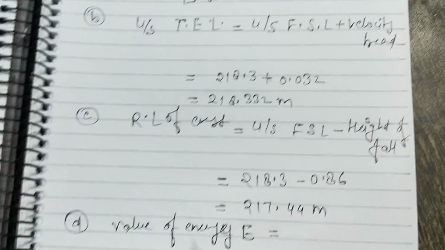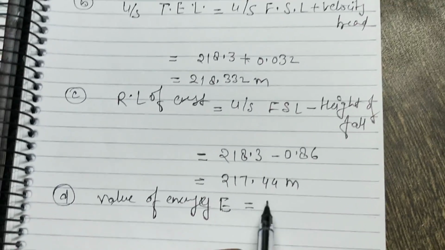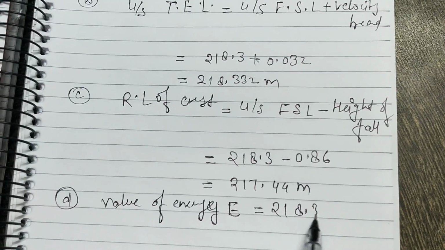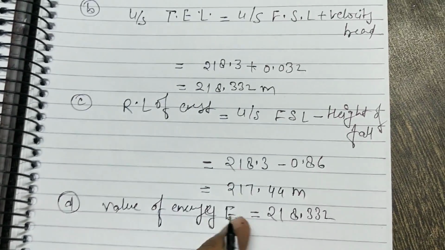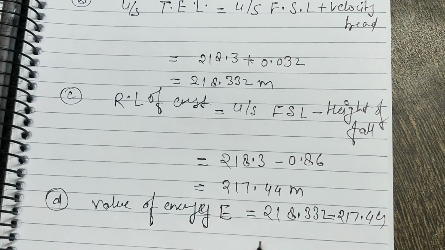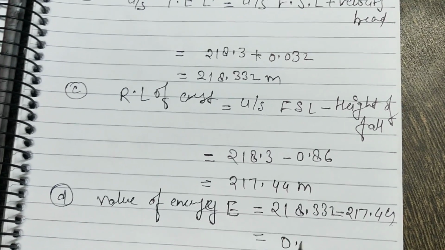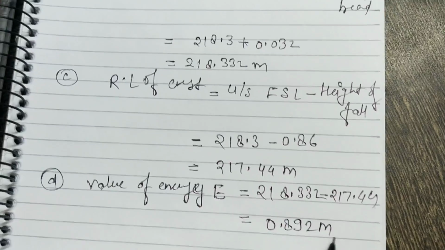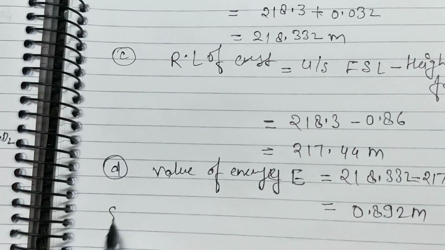The difference of both is the value of energy, so it will be 218.332 minus 217.44. Okay, it is 0.892 meter.